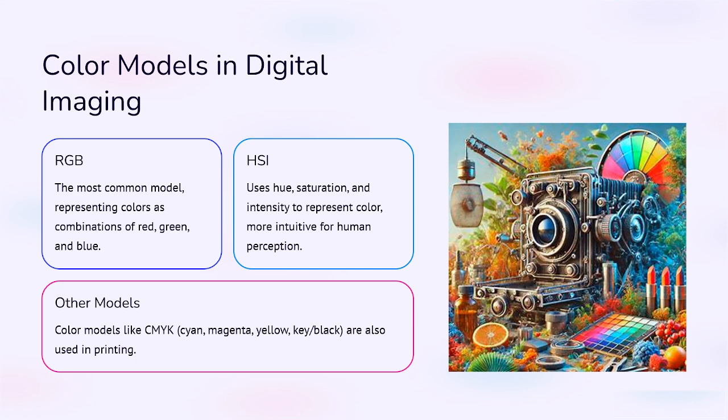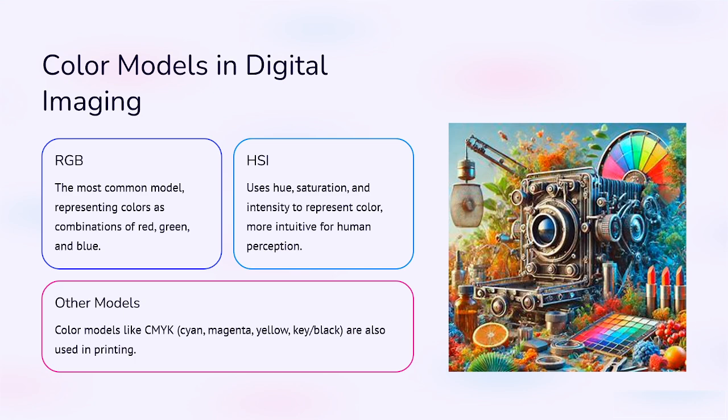Another model is HSI, which stands for hue, saturation and intensity. This model mimics how humans perceive color, making it easier to use in applications like image editing or computer vision tasks where human interpretation is critical.